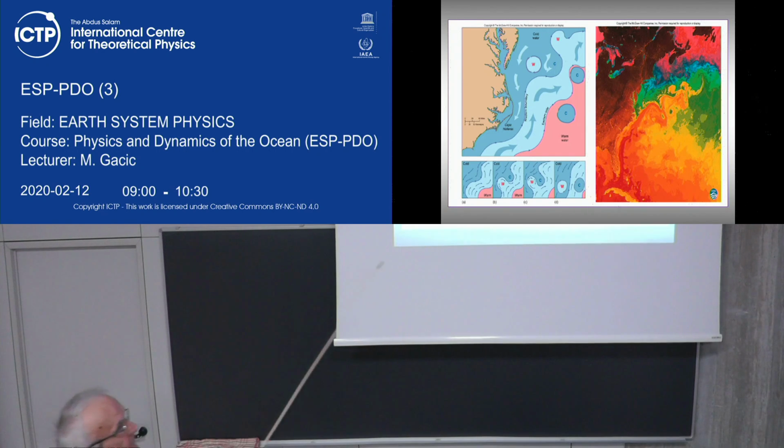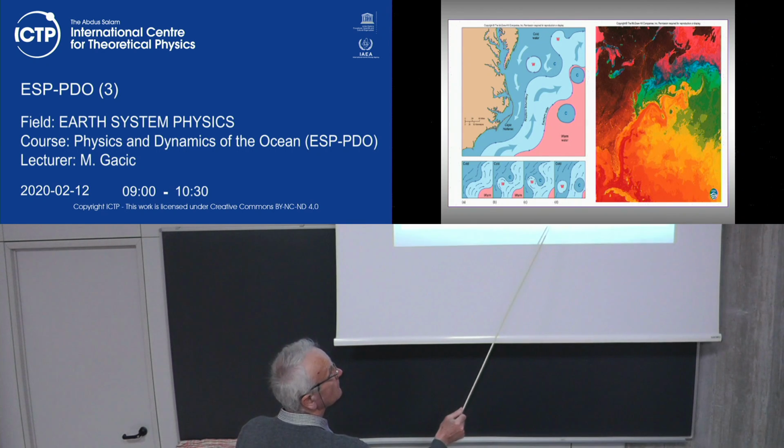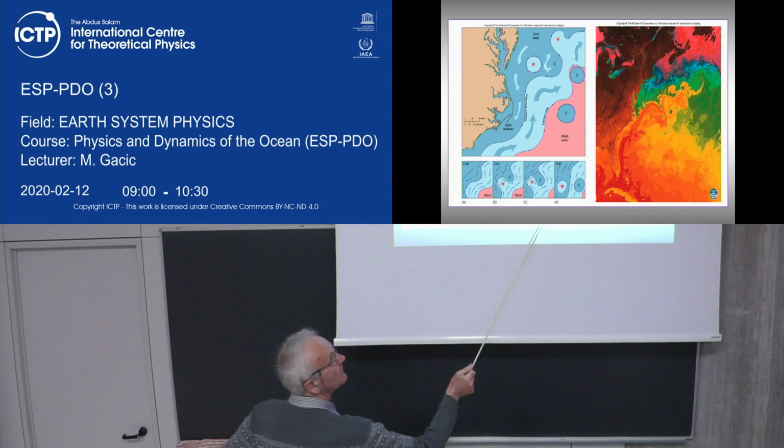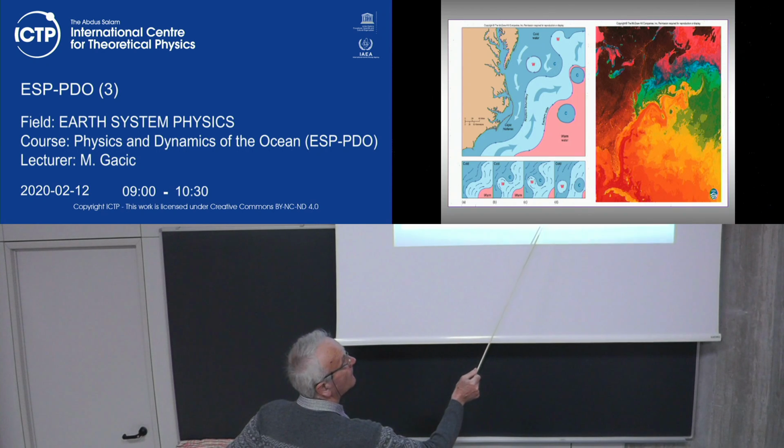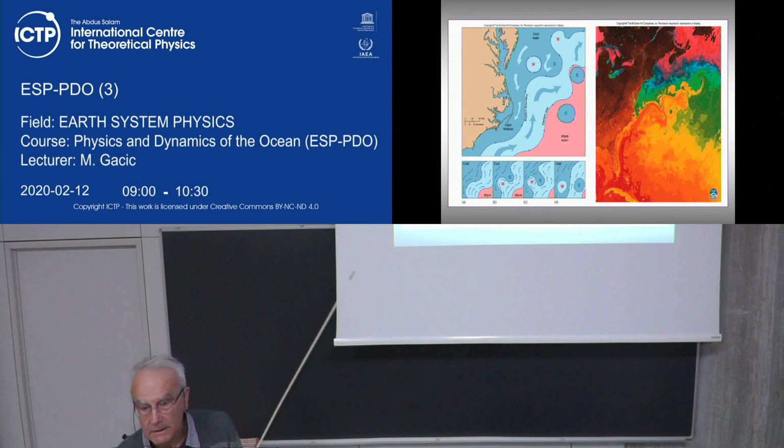In fact, if you follow this strong red curve, you can see how this flow goes along the coast of Florida and North America, then at a certain point detaches from the North America coast around Cape Cod, and then flows toward Europe.